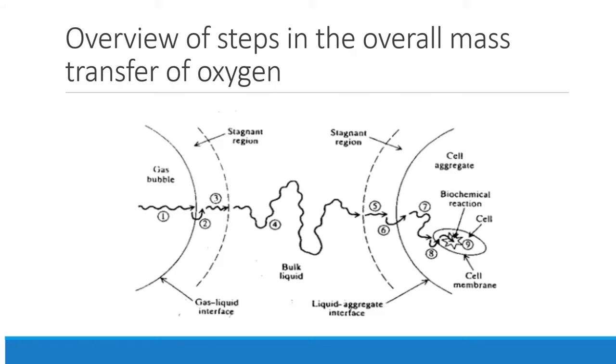The resistance for mass transfer is negligible at step 2, step 4 and step 6, whereas step 3 and step 7 are rate limiting steps where the internal mass transfer resistance is significant.